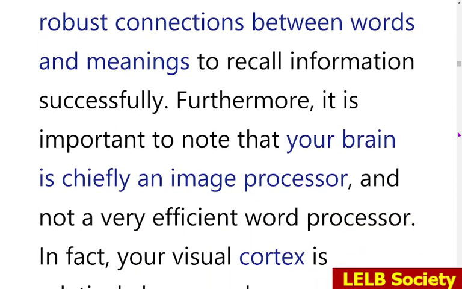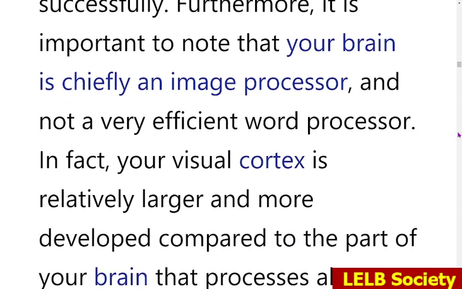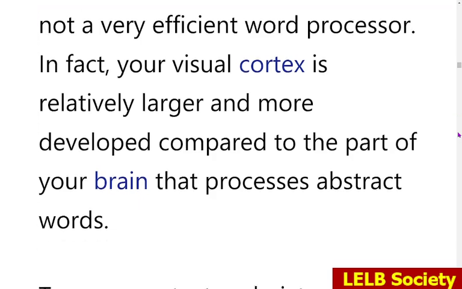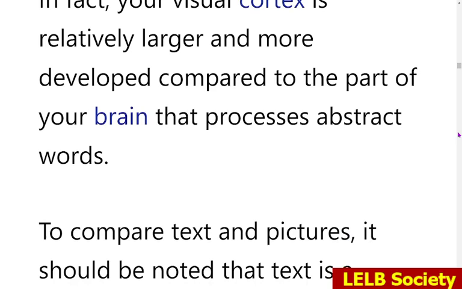Furthermore, it is important to note that your brain is chiefly an image processor and not a very efficient word processor. In fact, your visual cortex is relatively larger and more developed compared to the part of your brain that processes abstract words.